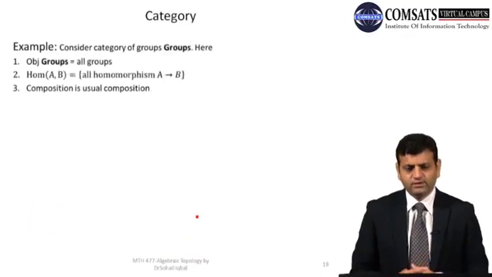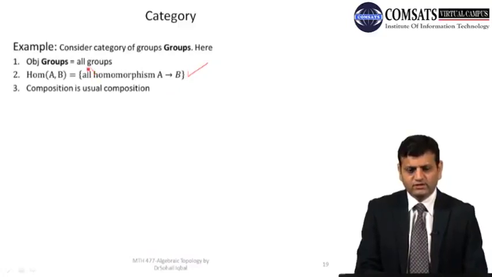Let's consider another example, the category of groups. In the category of groups, objects are groups and the morphisms are all homomorphisms. We can also restrict this; it's not necessary that we take all homomorphisms. It depends on the situation.